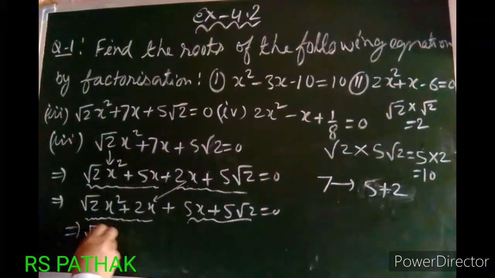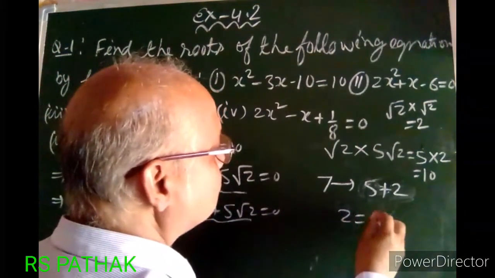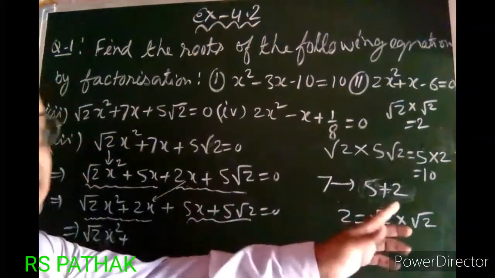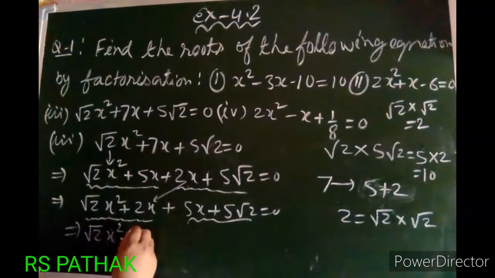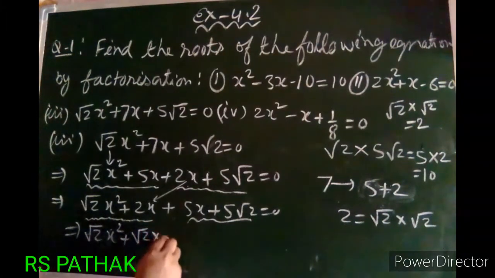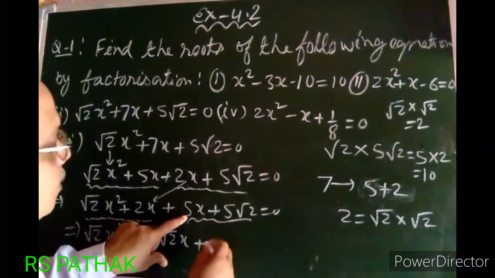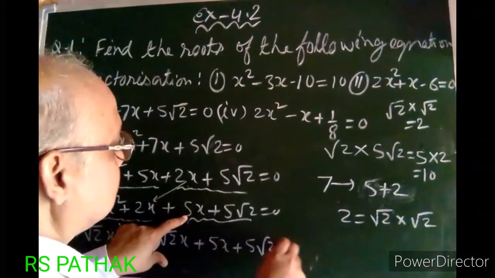Under root 2 x square plus 2x, 2 can be written as under root 2 into under root 2. Therefore, I am going to break it as under root 2 x into x plus under root 2, this group will remain same, 5x plus 5 under root 2 equals 0.